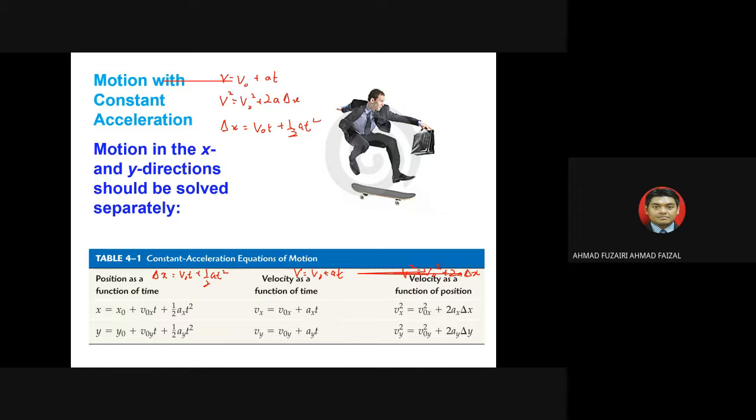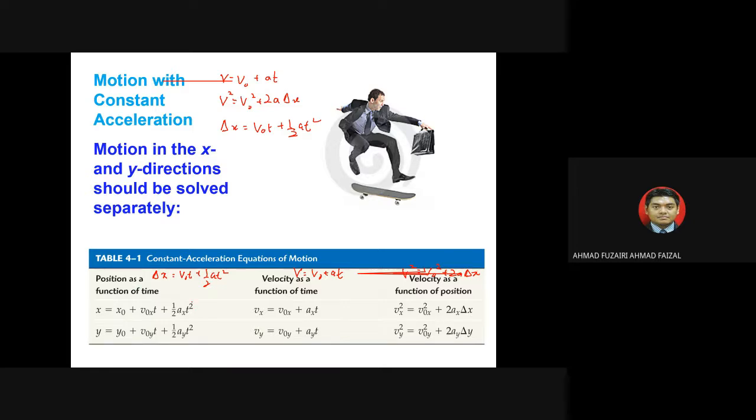Right now, every equation, either position as a function of time, or velocity as a function of time, or velocity as a function of position, must come with the two axes, x and y, to exist.